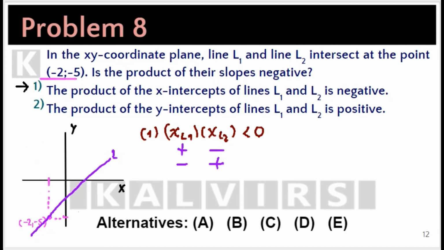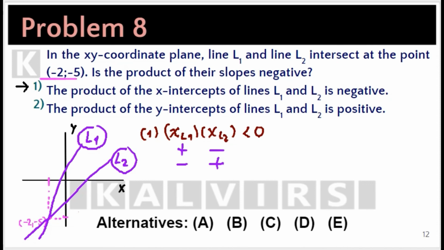But what about this case? Line 1 and line 2. Here line 1 has a positive slope and line 2 has a positive slope as well. Therefore, the product of the slopes is positive.